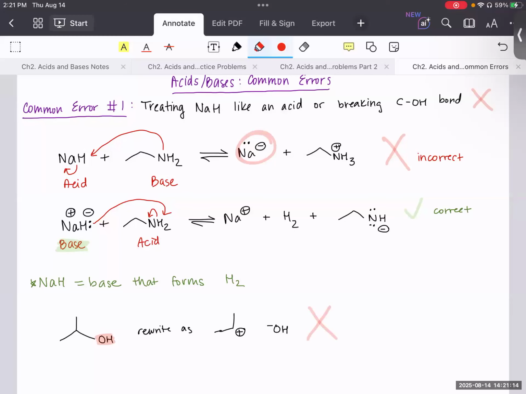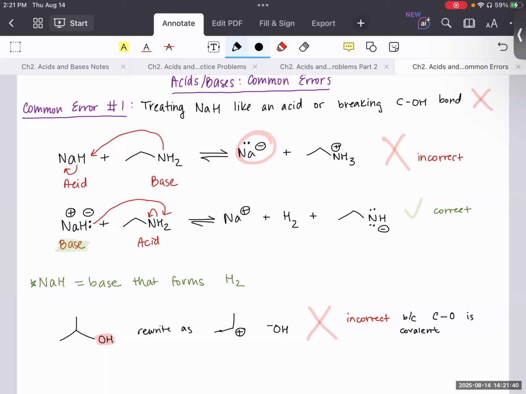We cannot do this because we cannot break a covalent bond. This carbon-oxygen bond that existed is covalent. We can't just break it apart, similar to the ionic bonds that we broke apart in Gen Chem between sodium and OH. So we cannot separate these out like this.